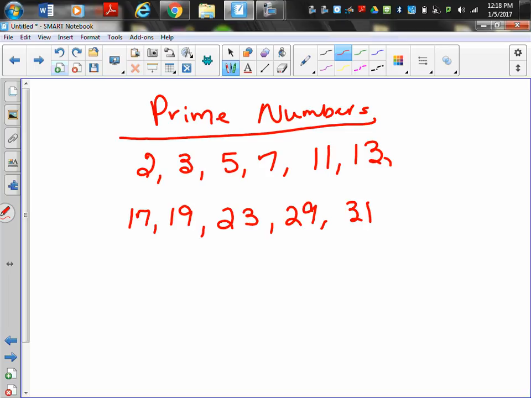So we've got to be able to find our prime factors when we're factoring binomials and above. So we're going to start with factoring of monomials.